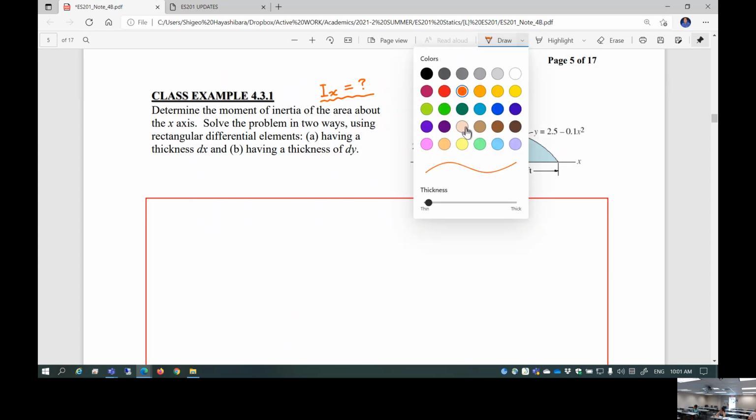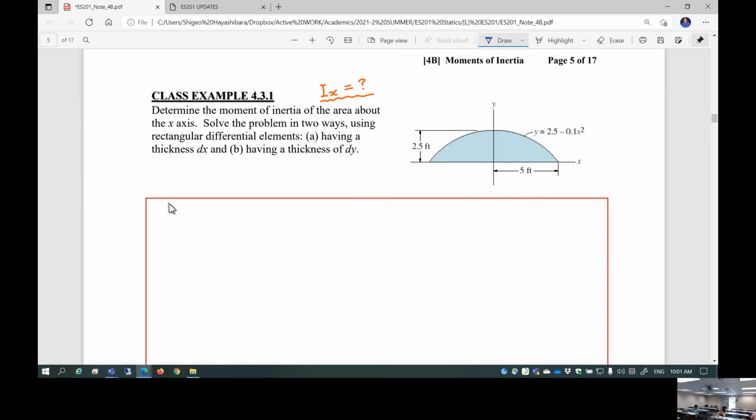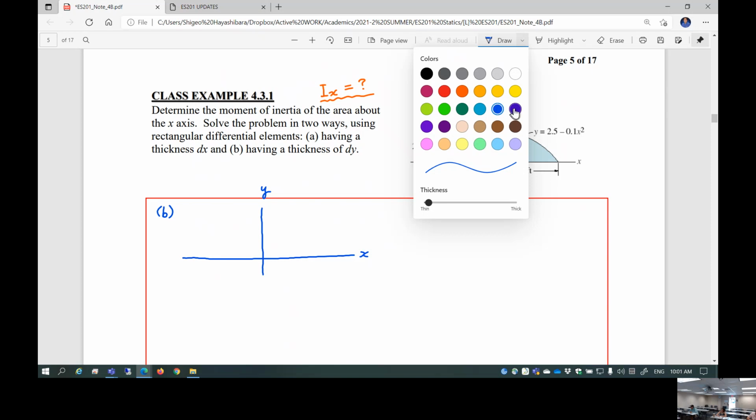I'm going to actually start with part B. I'm going to flip-flop the process. So let's solve this problem having a thickness of dy. I'm going to start with a sketch. This is the x coordinate. This is the y coordinate, and then the area is given.